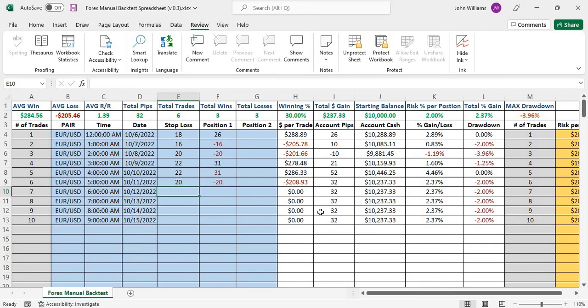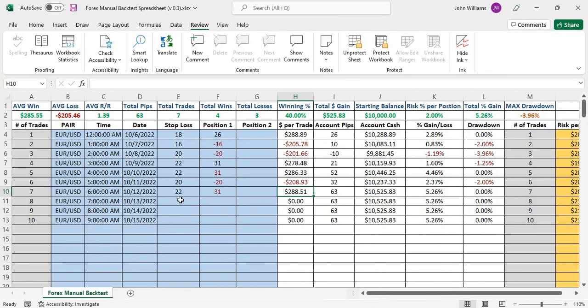So I'm going to go with 22 again as a stop loss, 31 for our position here. All right, that should have been a win for us. All right, yes it is. It is a win here. All right, because we gained on it.